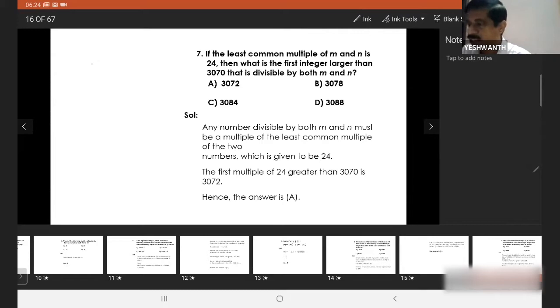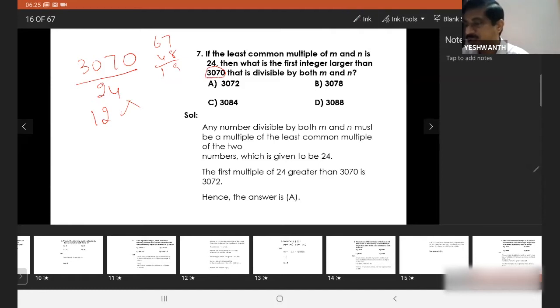Let us check if 3070 is divisible by 24 or not. 24 ones 24, 67 minus 48 means 19, 190. No, 190 is not divisible by 24. So 3070 is not divisible by 24, so this has nothing to do with this.